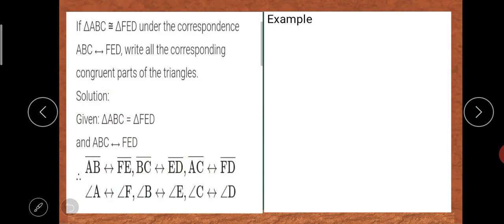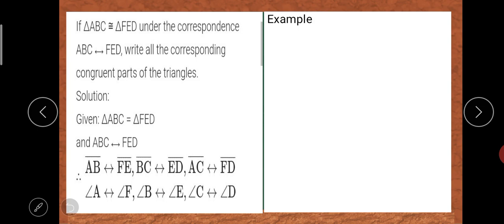Next question, see. Here, if triangle ABC is congruent to, this is the sign of congruent, okay, to triangle FED, under the corresponding ABC and FED, write all the corresponding parts of the triangles. So here first we have to draw what? ABC and FED.